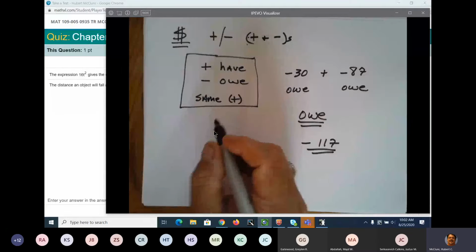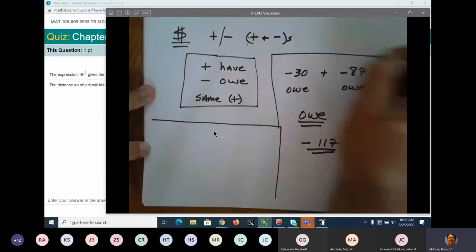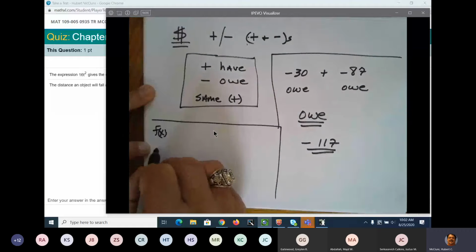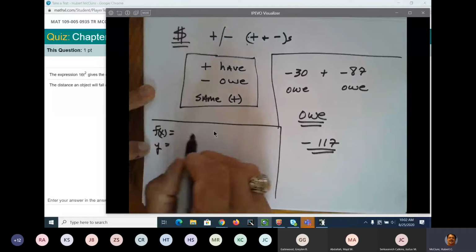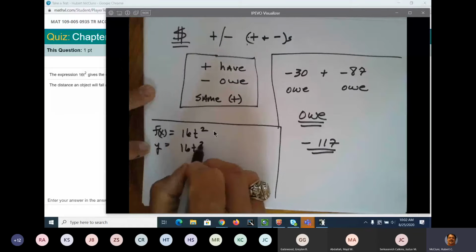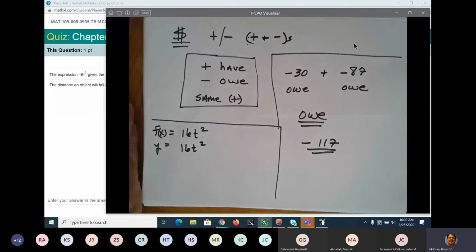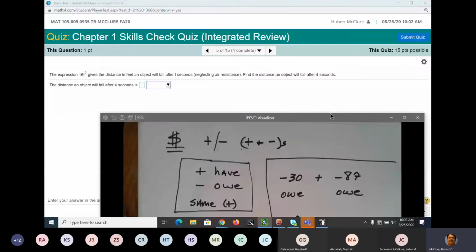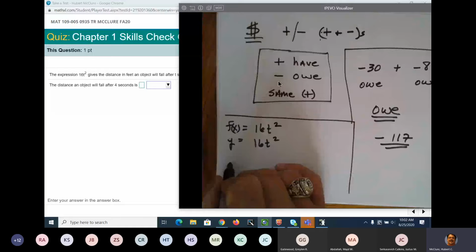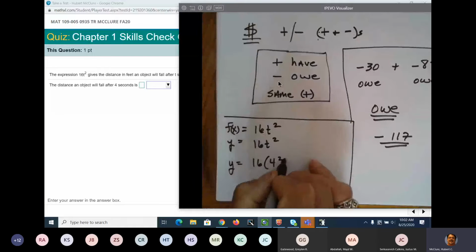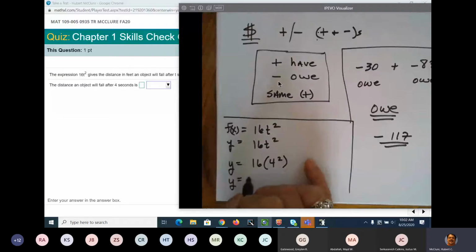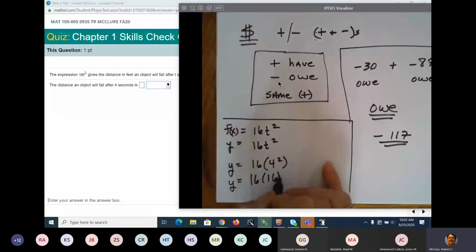So they give us a formula, and that formula says f of x or y is equal to 16t squared, where t is in seconds because of time. And they say, find the distance an object will fall after 4 seconds. So that's going to be 16 times 4 squared, which is 16 times 16.